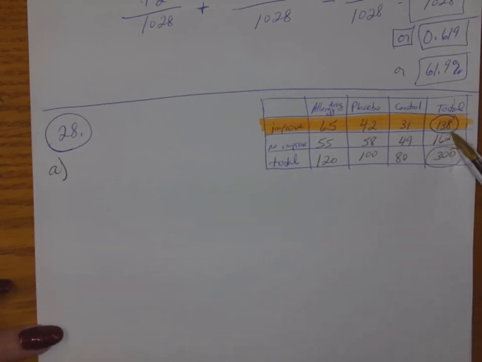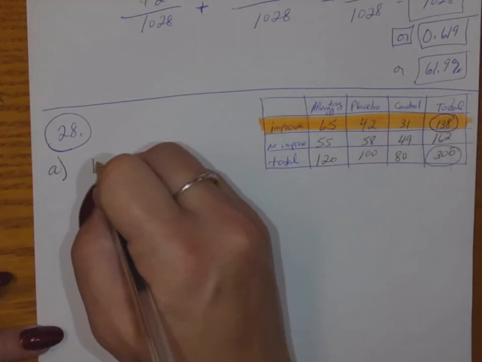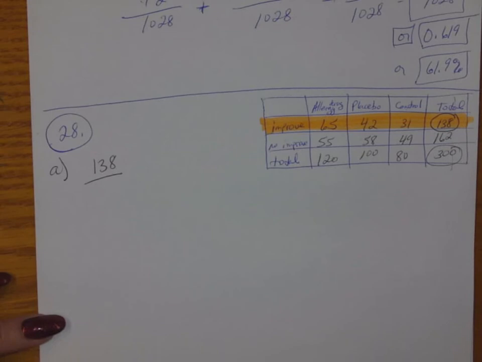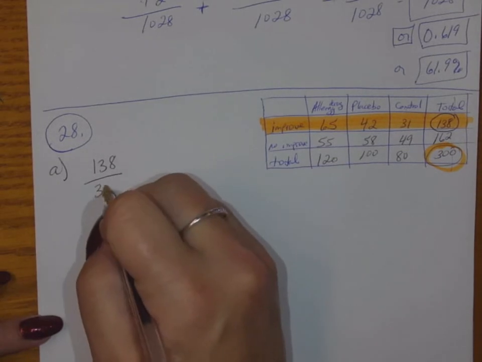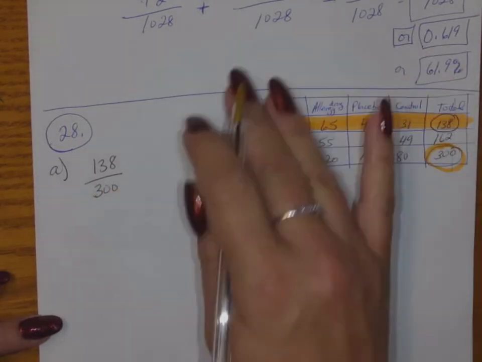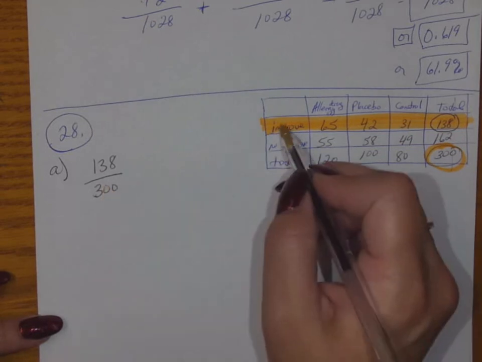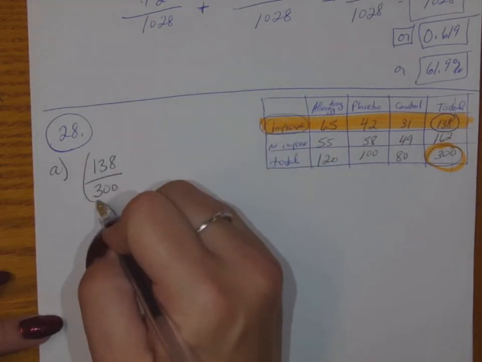Well, it's 138 of those people, right? So 138. And what's that out of? What's the total? 300, right? Okay. So this is the probability that I randomly select somebody in this group and I get somebody who improved, right? That's what they wanted, improve.